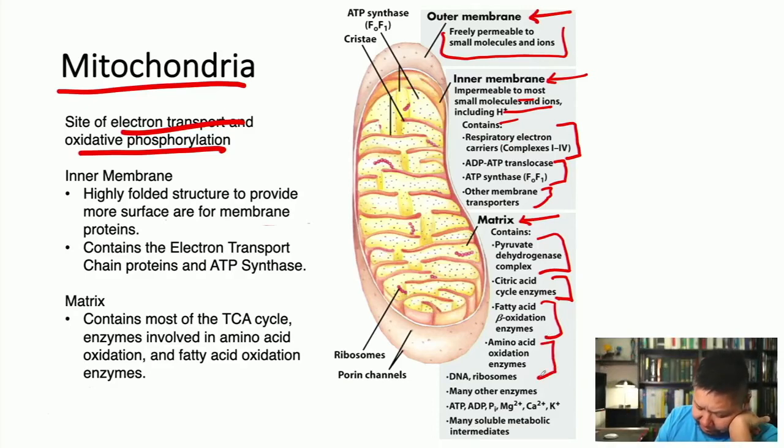DNA and ribosomes are also in there, with many other enzymes, ions, and other soluble metabolic intermediates. But just remember that the matrix is where the citric acid cycle enzymes and pyruvate dehydrogenase are, whereas the inner membrane is where we find our electron transport complexes.